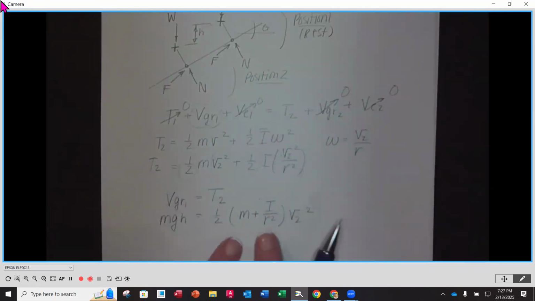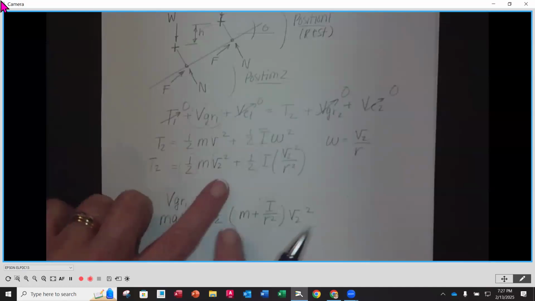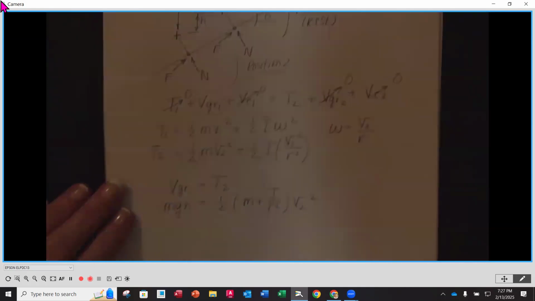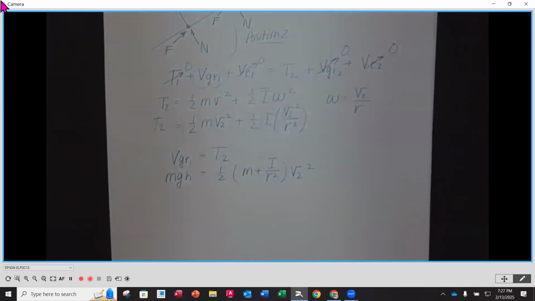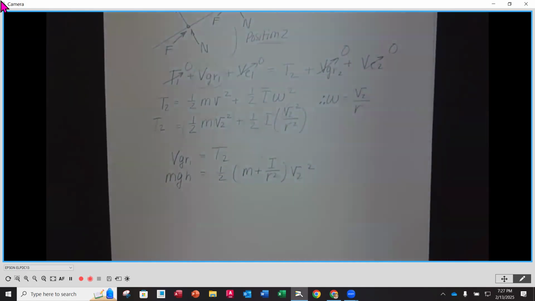I put those on either side, and then this is what's left over in the middle. Does that make sense to everybody? Just take a peek at that and make sure. So I pulled out the 1/2 because that was in both of these, so that would be the 1/2 out front. Then both of them had a V2 squared, so I put that at the end, and it's M plus I over R squared. Make sure you get that down so that you can understand where that came from, just algebra.